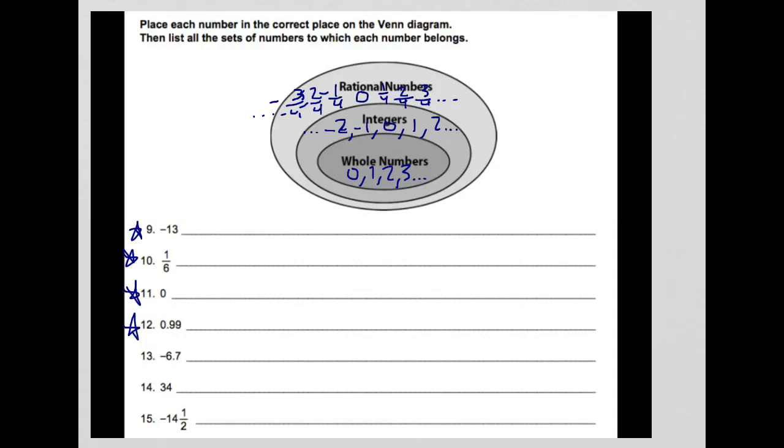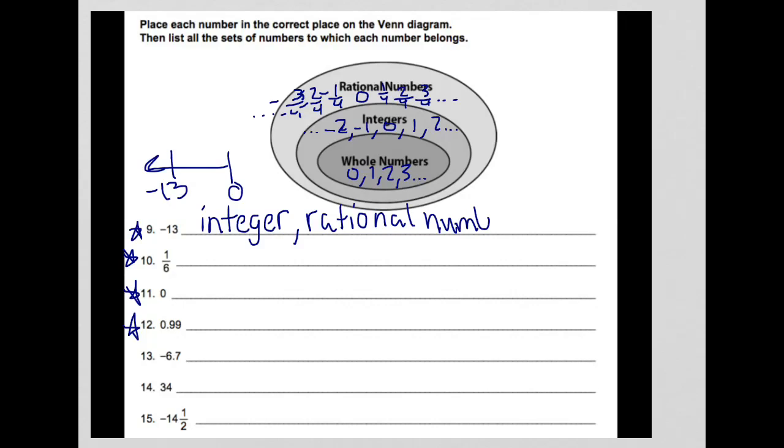So let's look at negative 13. So negative 13, I know it's not a whole number because whole numbers are 0, 1, 2, they're positive. But I do know that if I continue negative 2, I can even think about the number line. 0, I know that I'd eventually get to negative 13. So negative 13 is an integer. But what I also know is that anything that's an integer also is a rational number, because integers fall inside rational numbers.